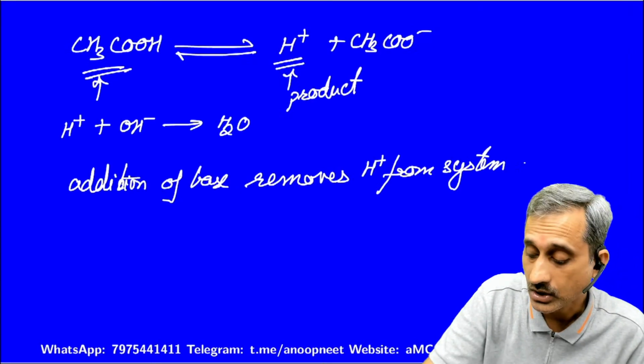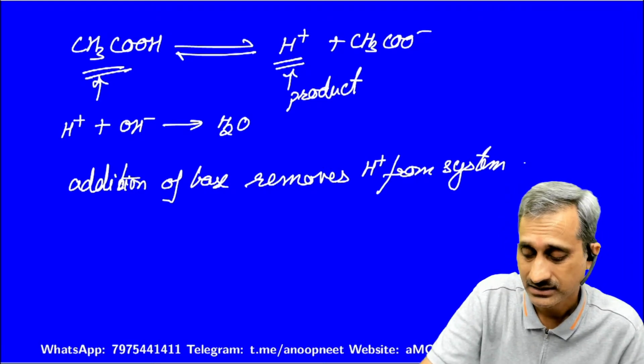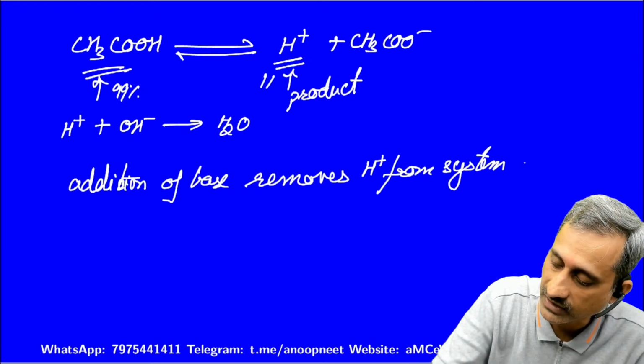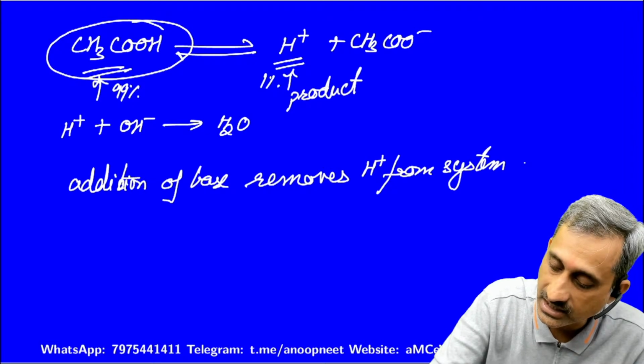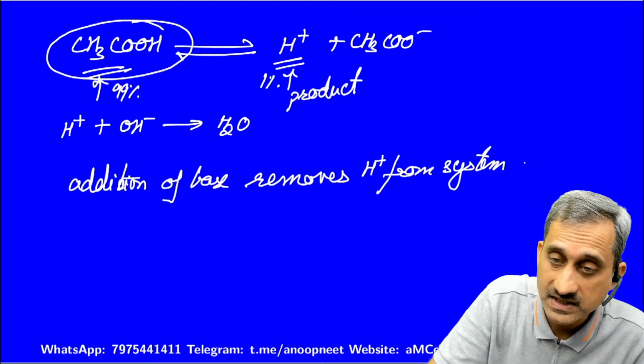ओके सर। तो हम ये एक बात कह सकते हैं कि इफ वी टॉक अबाउट एसिटिक एसिड, तो acetic acid, this part is 99%, this part is 1%, and this is a reserve. So we can call this a reserve acid.